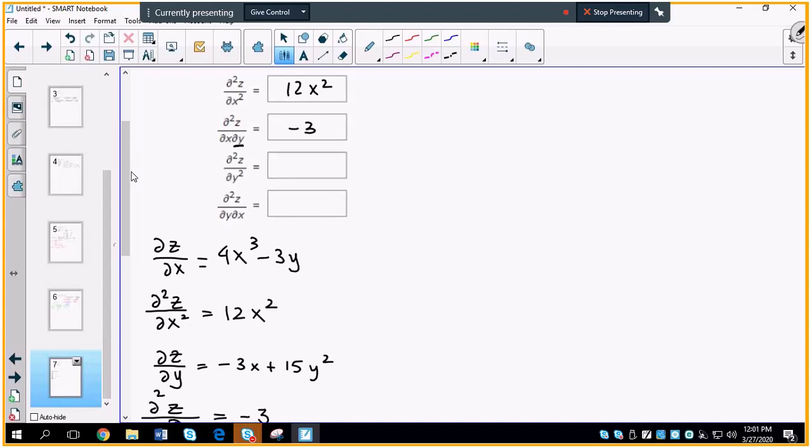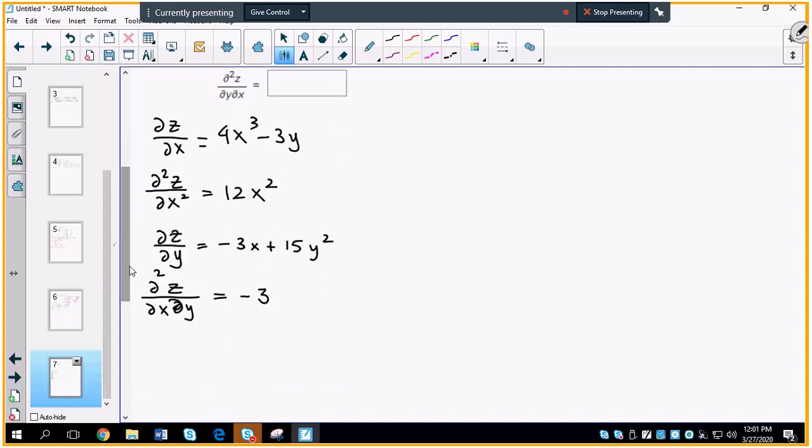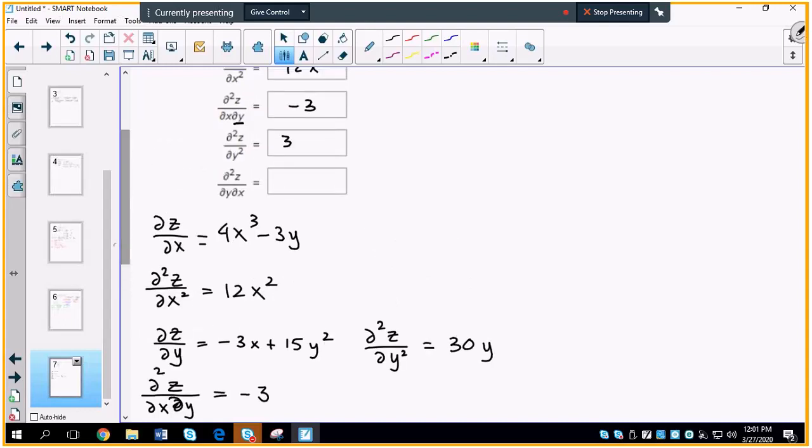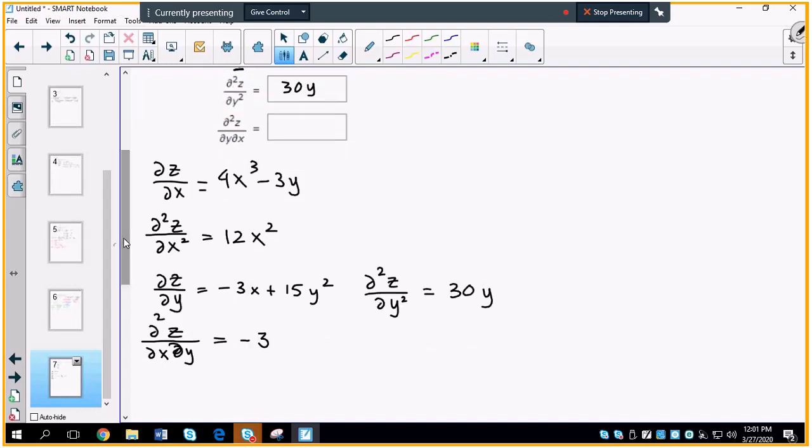I do del 2z del y2. So del z del y is already there. Derive this thing with respect to y, and you will get 15 times 2, 30. So it's 30y, and that's your answer. So this is going to be 30y. And finally, I have del 2z del y del x. So del x is the one you have done first. You have taken the derivative with respect to x, which I have, which is here.